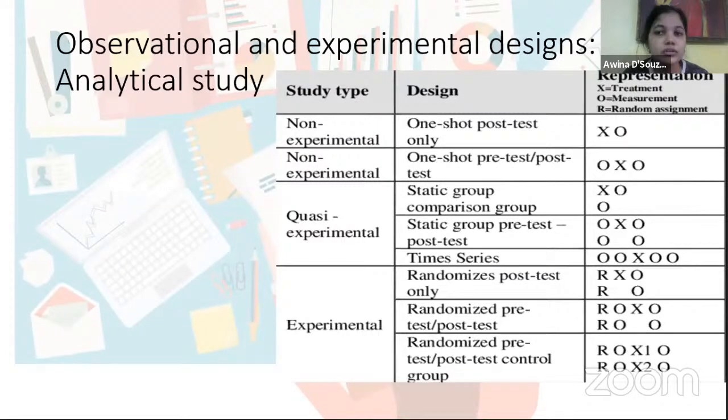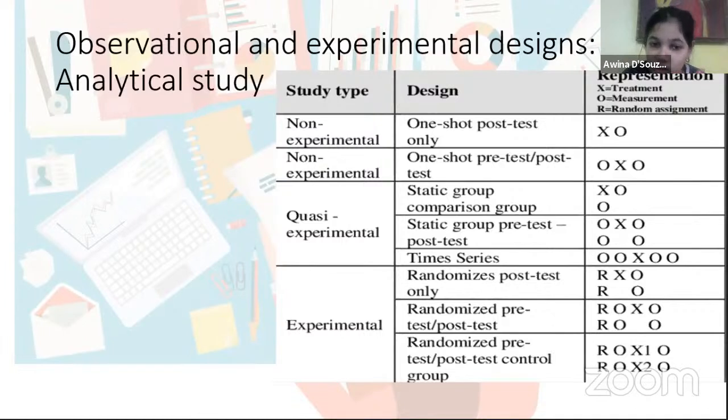When you talk about non-experimental, it is more of an observational design, where you're just seeing how a treatment is going to work on the population. X is the treatment which is given, O is the measurement or observation. Next, you've not measured the pre part. When you come to non-experimental pre and post, you measure the pre and you measure the post. But when you come to experimental, you'll have another counterpart with you too.